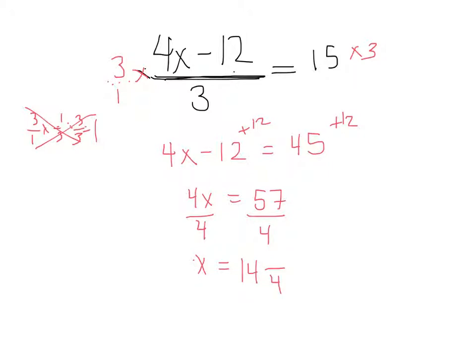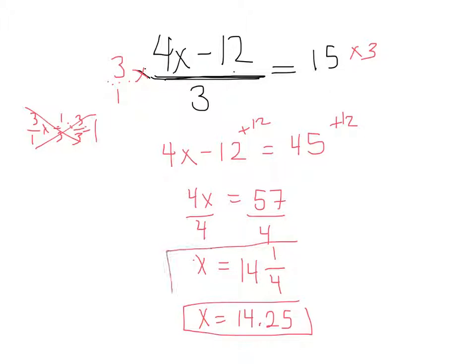So we have 56, so 14 and 1/4, which means my decimal, if I went on my calculator and did 57 divided by 4, is going to be 14.25. So both these represent the same answer, it just depends which form your teacher's looking for.